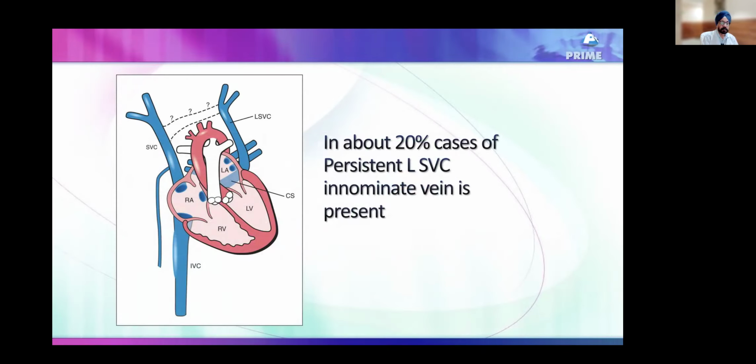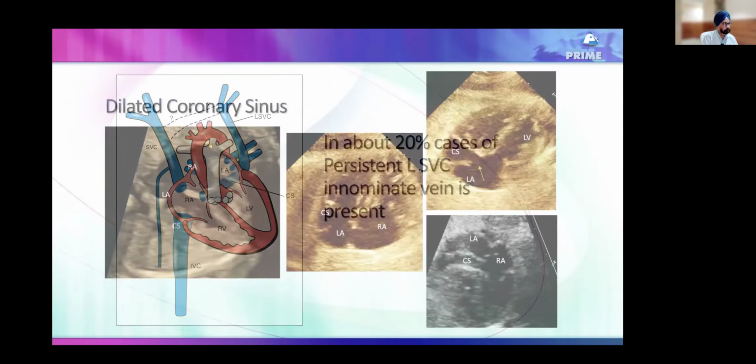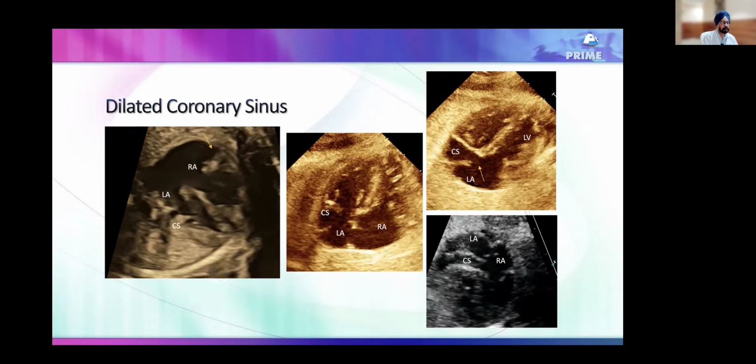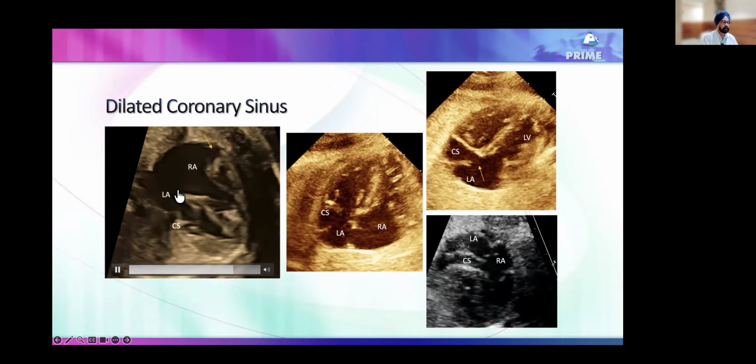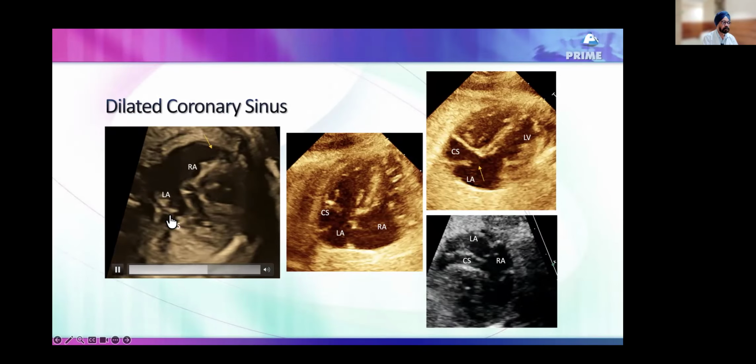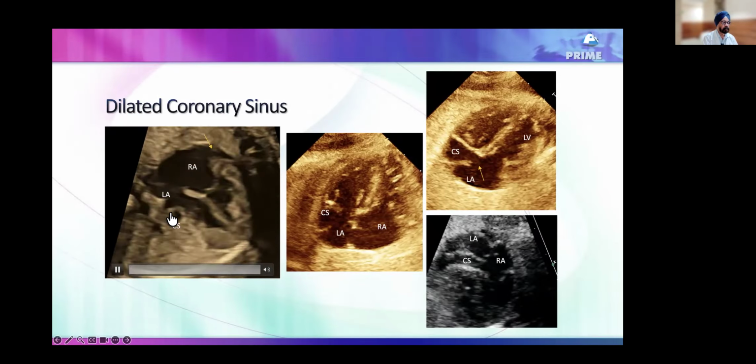And about 20% of them would have a small left brachiocephalic vein. So seeing a brachiocephalic vein does not rule out the left SVC. Then you see the right atrium, the left atrium, and this coronary sinus, which is kind of looking normal.